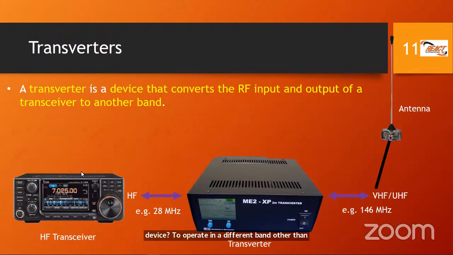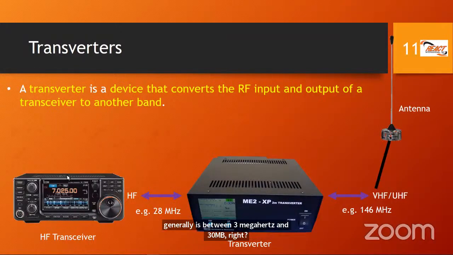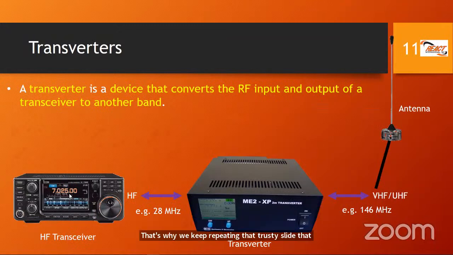Maybe we might want to operate on the VHF band or maybe the UHF band with the same transceiver. Can we do that? Well, natively, no, because the transceiver only supports HF. And you remember that HF generally is between 3 megahertz and 30 megahertz, right? That's why we keep repeating that trusty slide that shows what is HF, VHF, UHF, and so on, right? So this is an HF transceiver, so it's not able to do VHF or UHF natively.